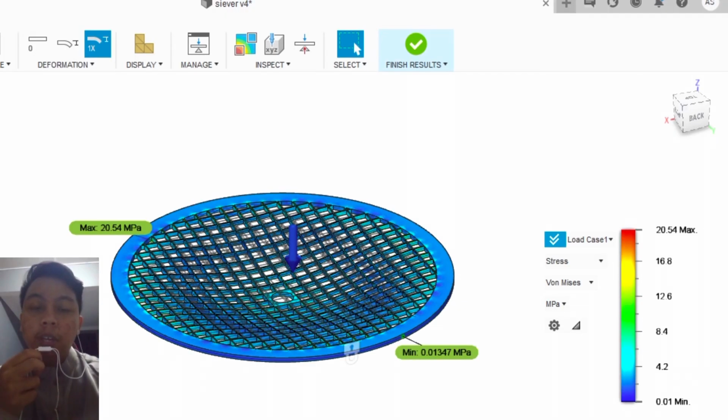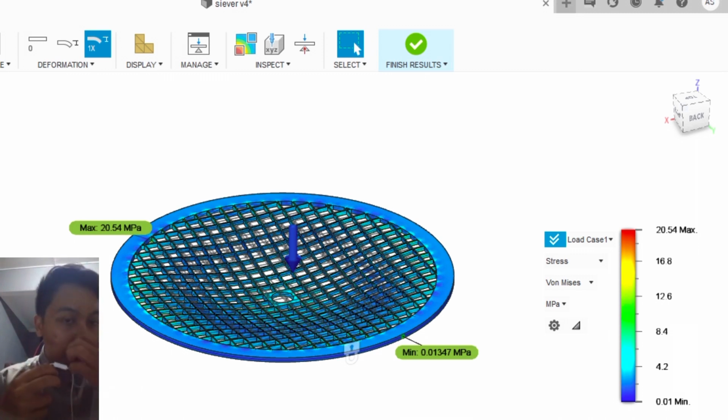For the motion analysis, our critical part is the sieve. The total load we use is 49.05 Newton, which is the load of the flour, which in kg is 5 kilogram. The material we use is stainless steel.